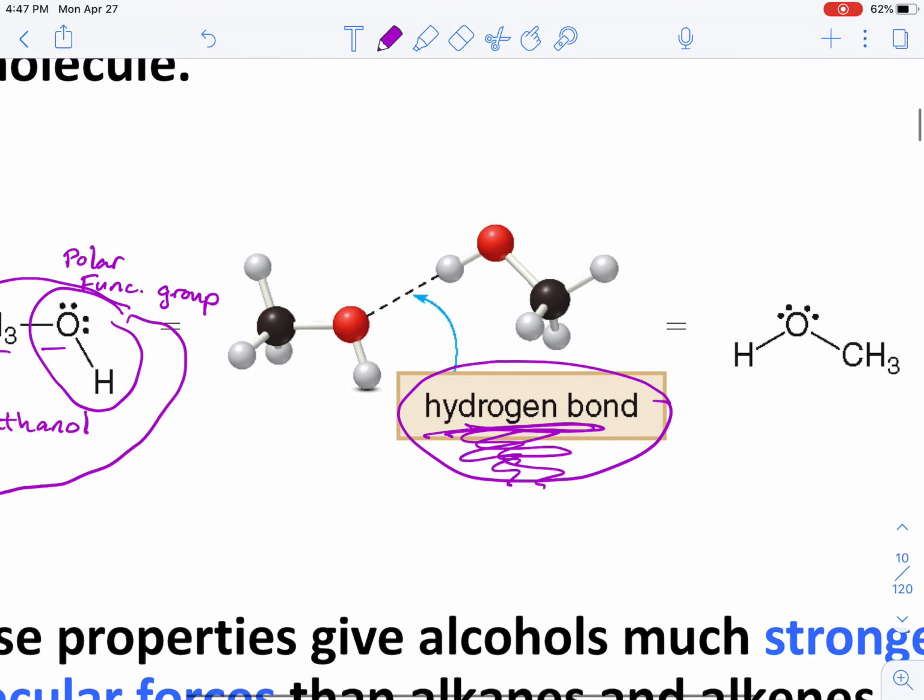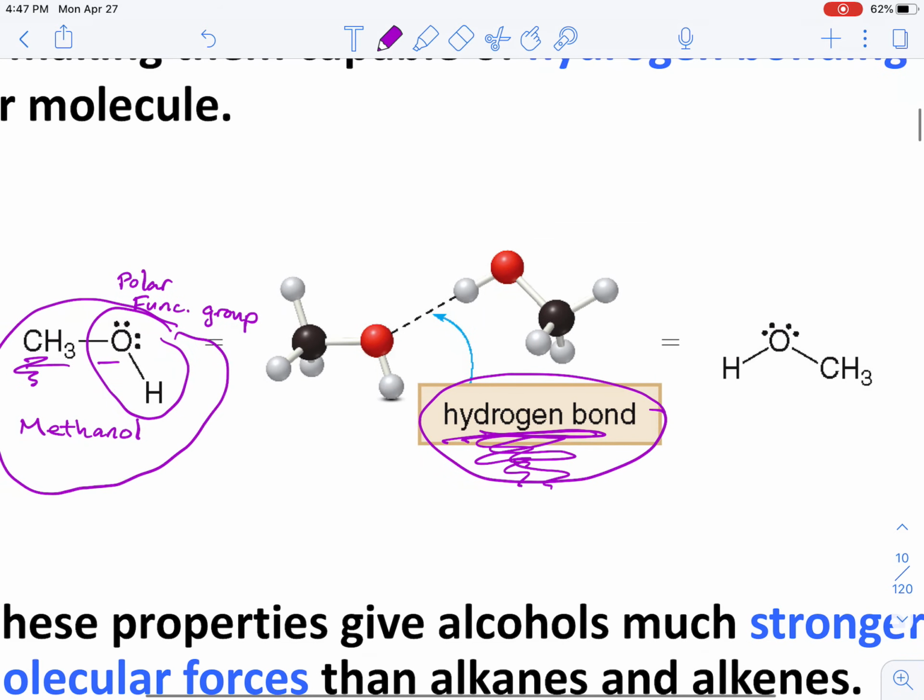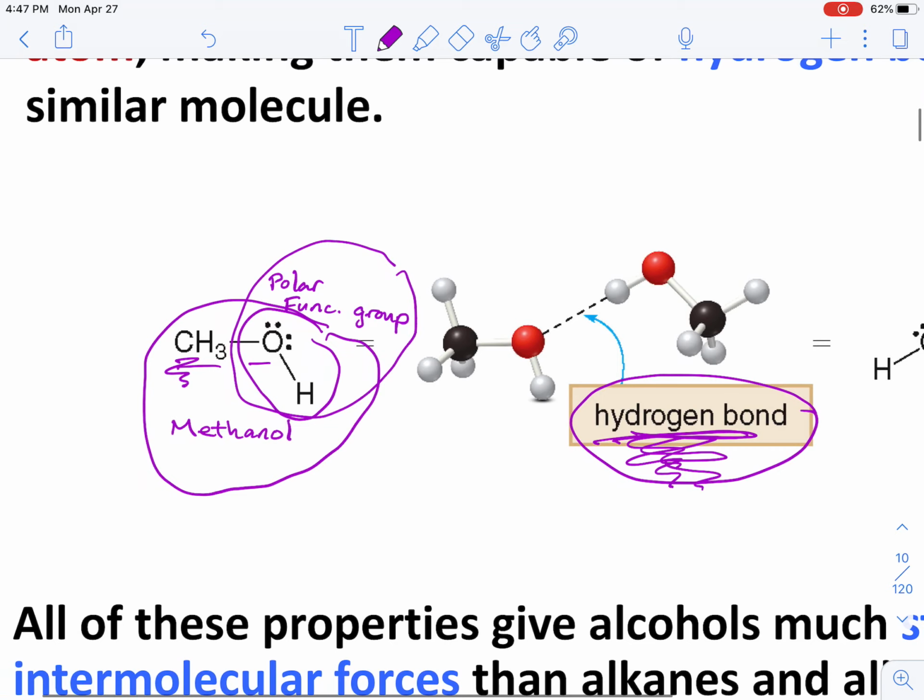And so having this polar functional group, hydroxyl, on this non-polar substance, which is methane, not only creates a new molecule called methanol, but if you have a mole of methanol, then those methanol molecules are all going to interact with each other through hydrogen bonds. So hydrogen bonds are their strongest form of interaction.